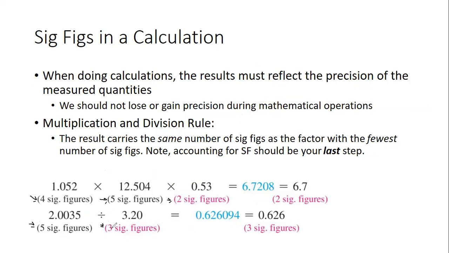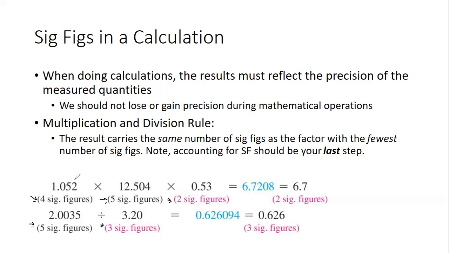Then when doing calculations with sig figs, we have two sets of rules that we care about. We have a set of rules for multiplication and division, and a set of rules for addition and subtraction. Something to keep in mind is that your very last step should be rounding with sig figs.